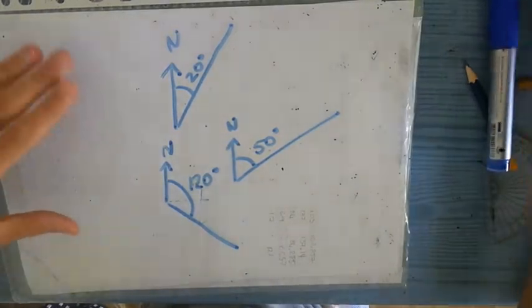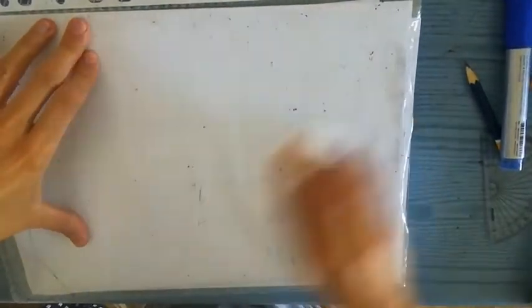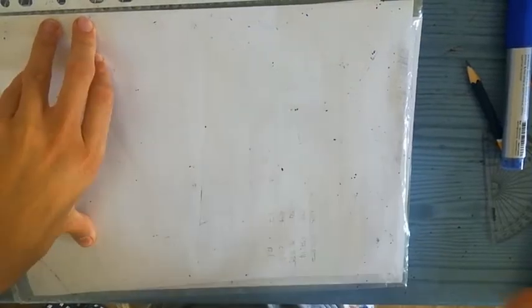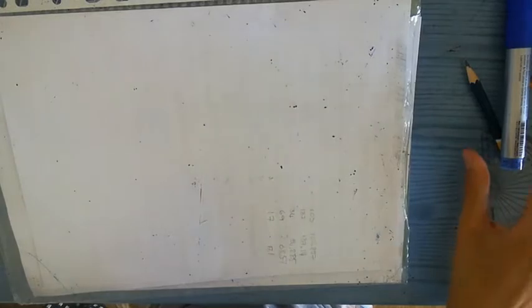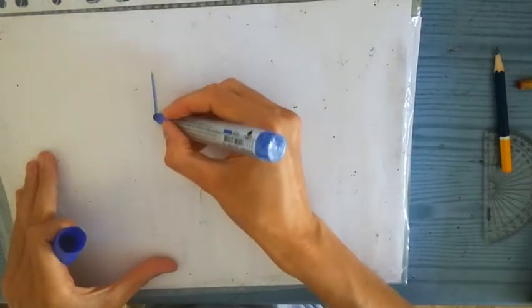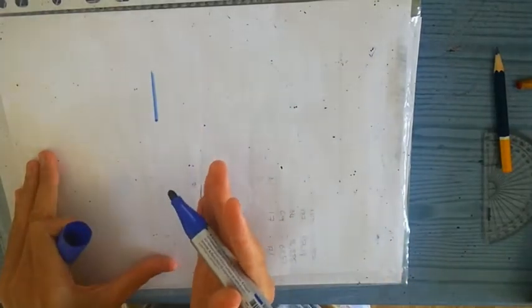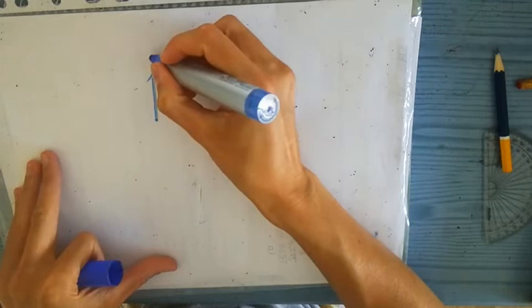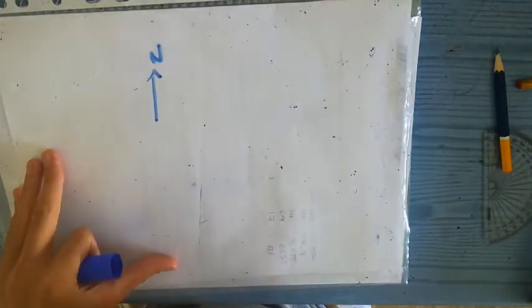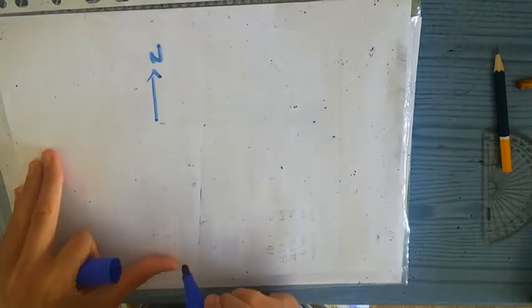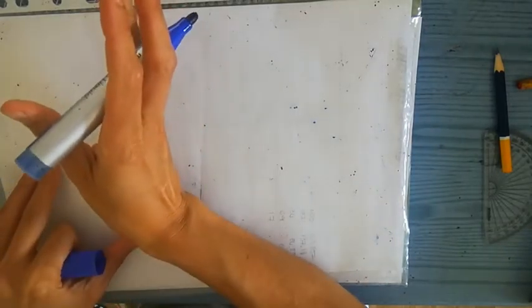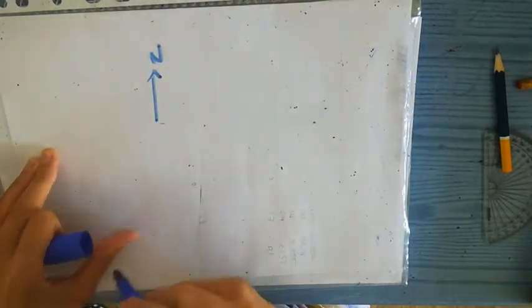So it's an angle at a given direction, and this is a good note to write down: it's always measured from the north, okay? So your north is the line that is vertical, and you've got your arrow vertically upright, at 90 degrees to the horizontal line. And it's always calculated in a clockwise direction.